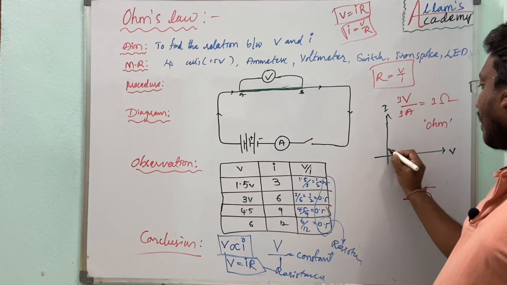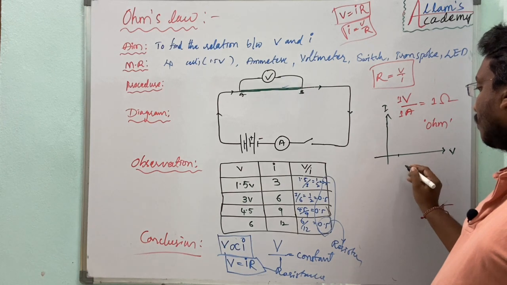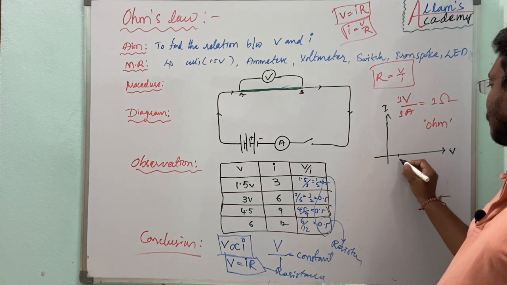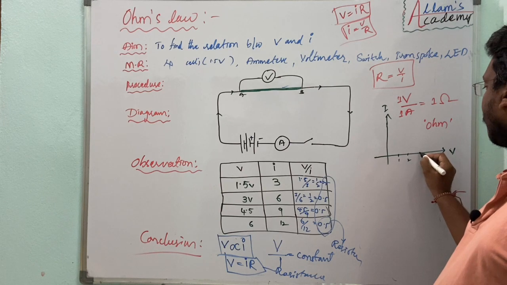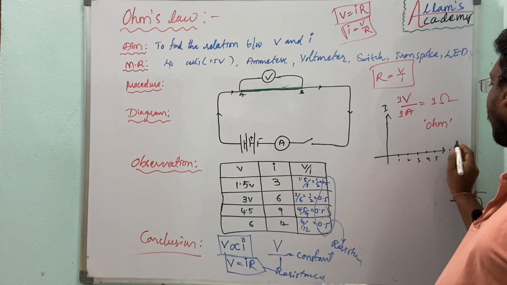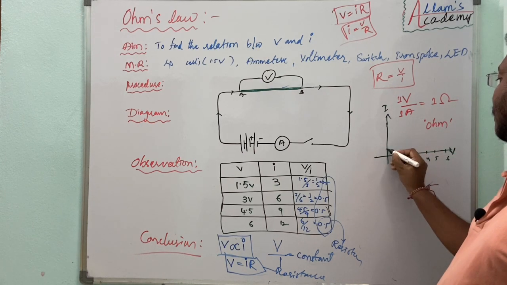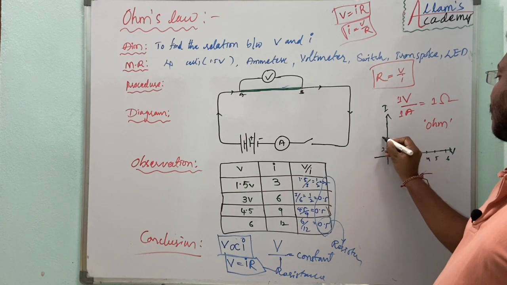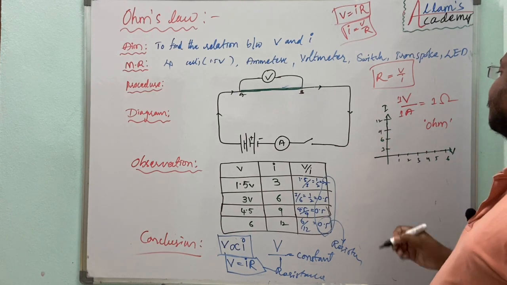Take the scale as 1, 2, 3, 4, 5 and 6, and for current 3, 6, 9, 12.